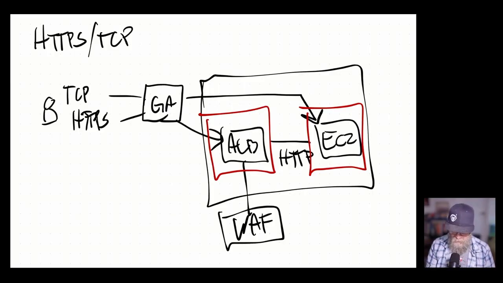What you can do is the global accelerator supports a VPC endpoint. It's going to be hard to draw on this diagram, so I won't try it. The VPC endpoint exists in the VPC, right? So the route for traffic flowing from the global accelerator would be global accelerator through the VPC endpoint to the application load balancer. And because we have that VPC interface endpoint, it has a security group around it.